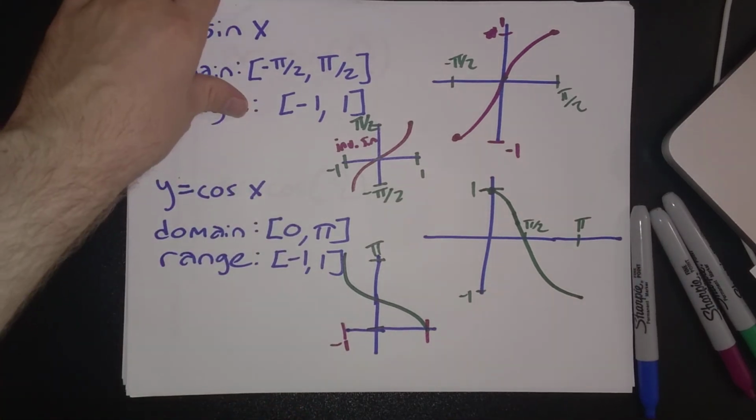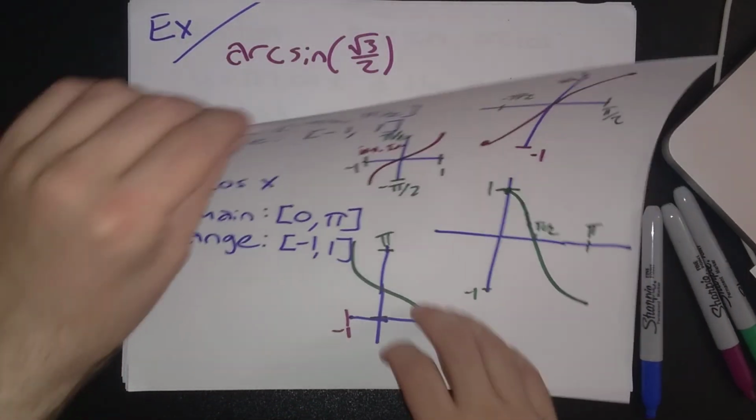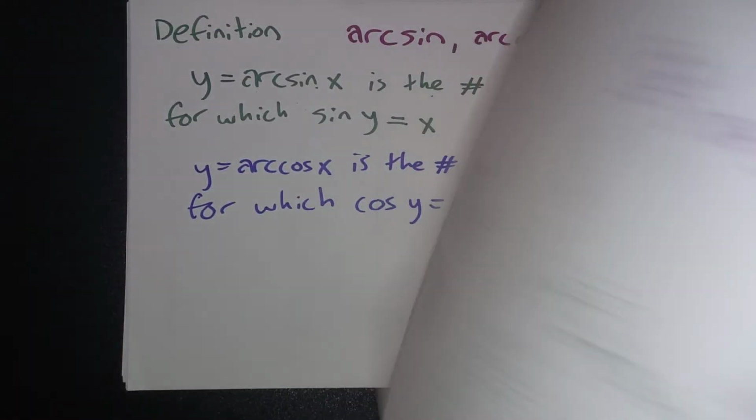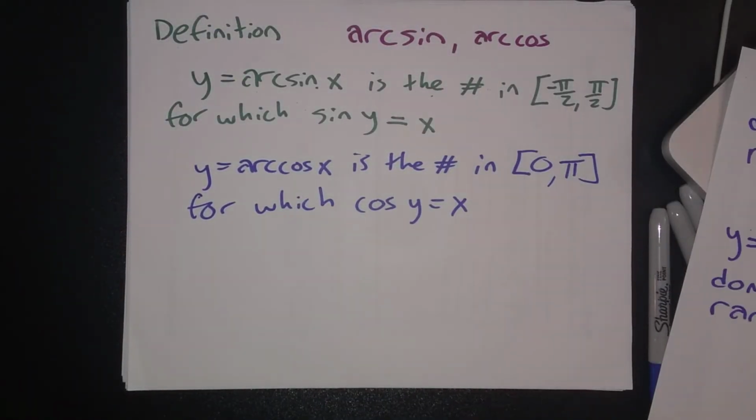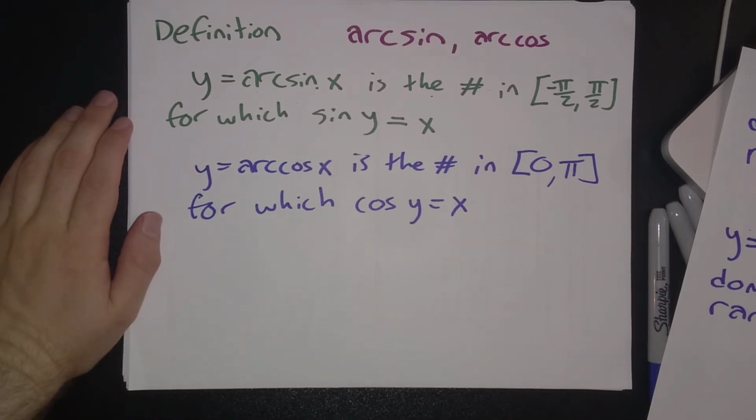And so from this, let me get my slides in order here, the definition of arcsine and arccosine. So y is equal to arcsine x is the number in the interval from minus pi over 2 to pi over 2, for which sine of y is equal to x.